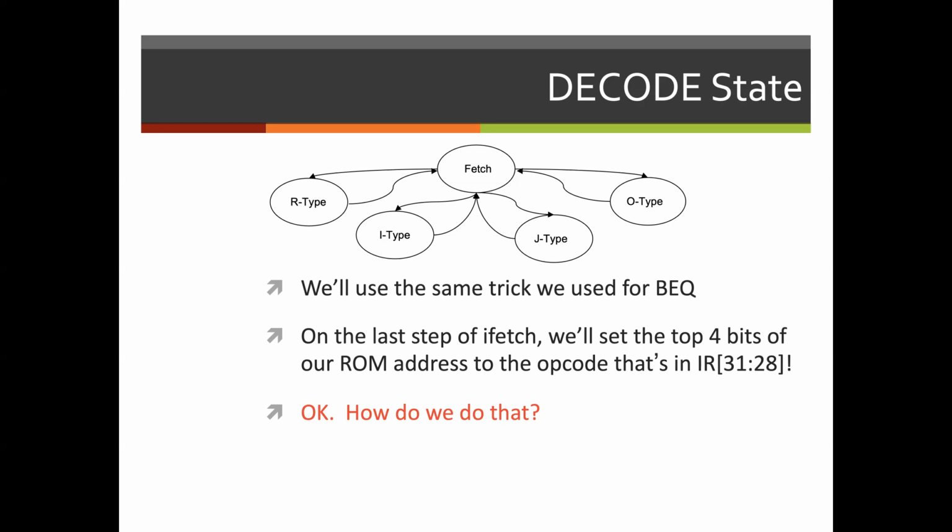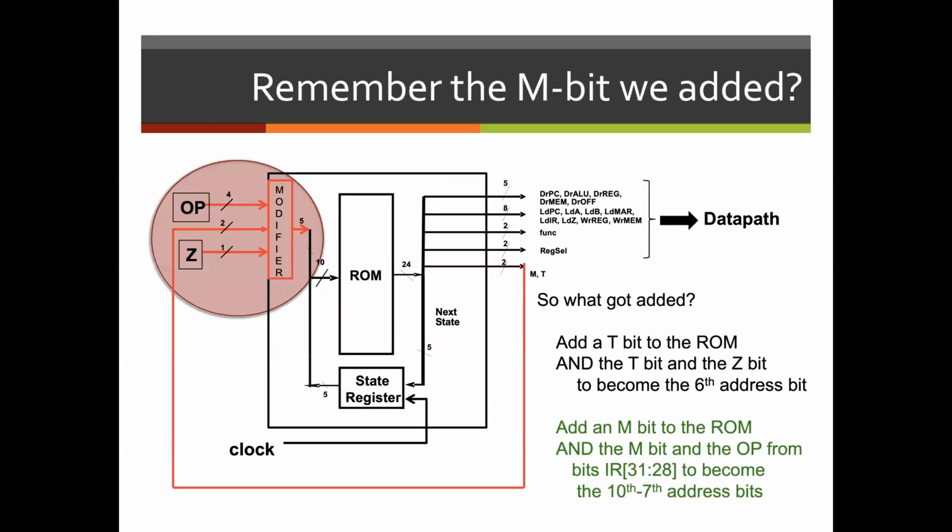And so how is that accomplished? In here, we'll have the M bit, we'll add a T bit to the ROM, and then add the T bit and the Z bit to become the 6th address bit.